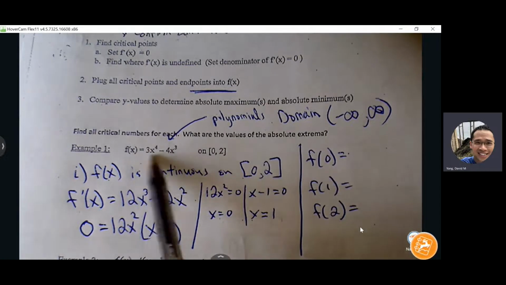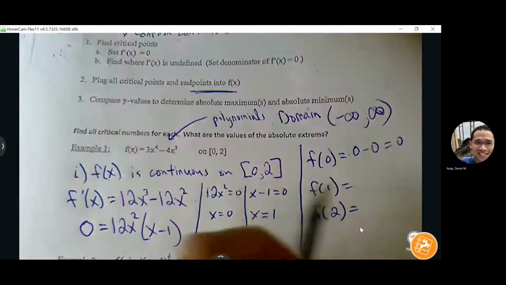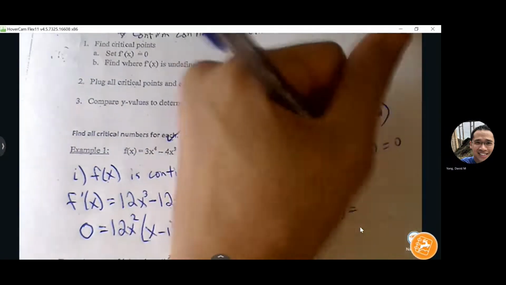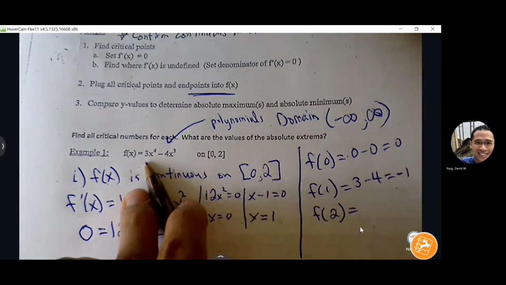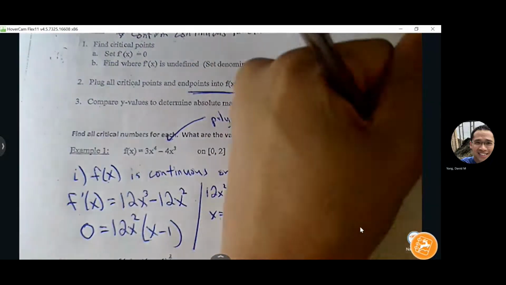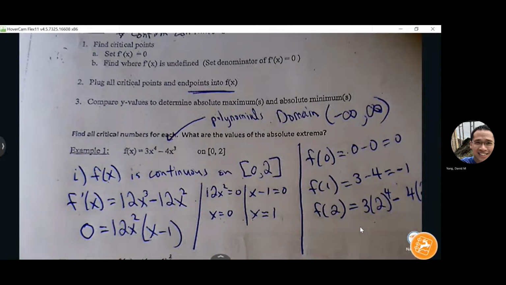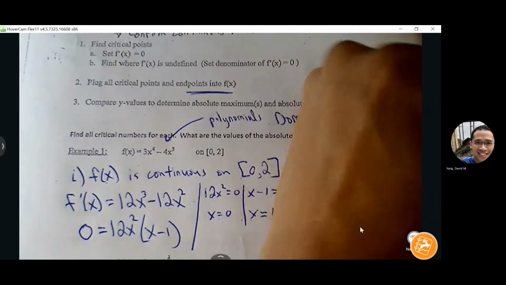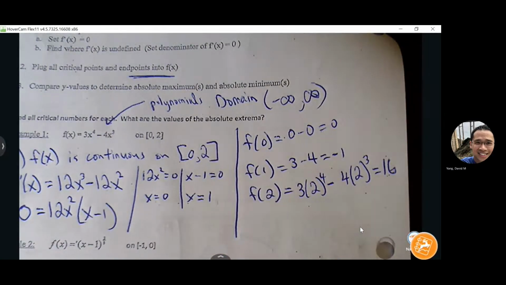Okay, f of 0. f of 1. f of 2. Okay, now we only look at the y values.